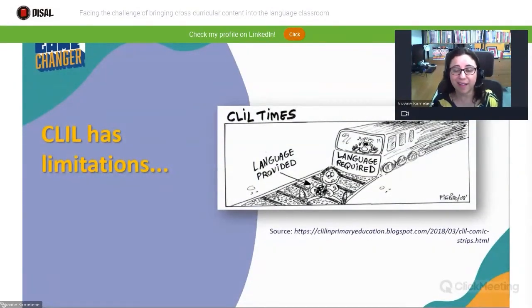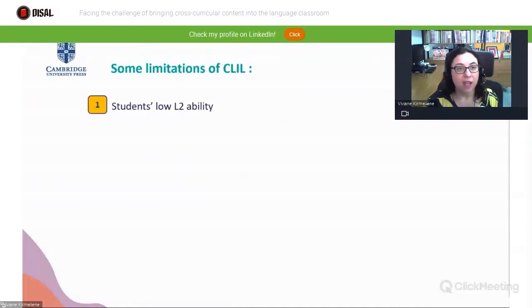They decided to implement CLIL programs, but they realized the students were not prepared. So they had, I don't know if it was a summer school, I don't know exactly how it worked, but students who are going to a specific grade and are going to have these classes in English have this language program before. Okay, so this is one limitation, the one that we had in the cartoon.